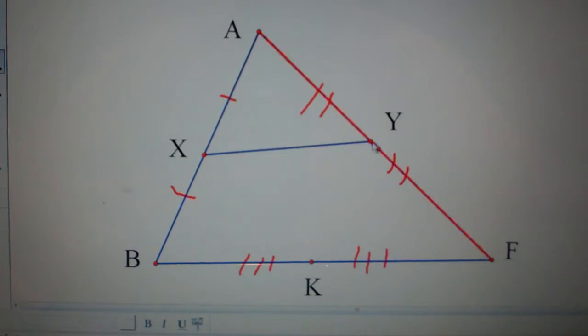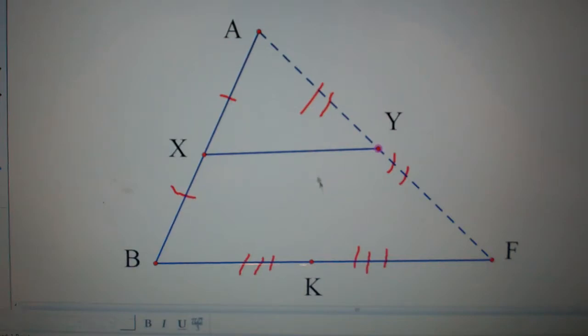So let's scoot this down just a little bit here. Okay. Sorry, that went dotted there for a minute.